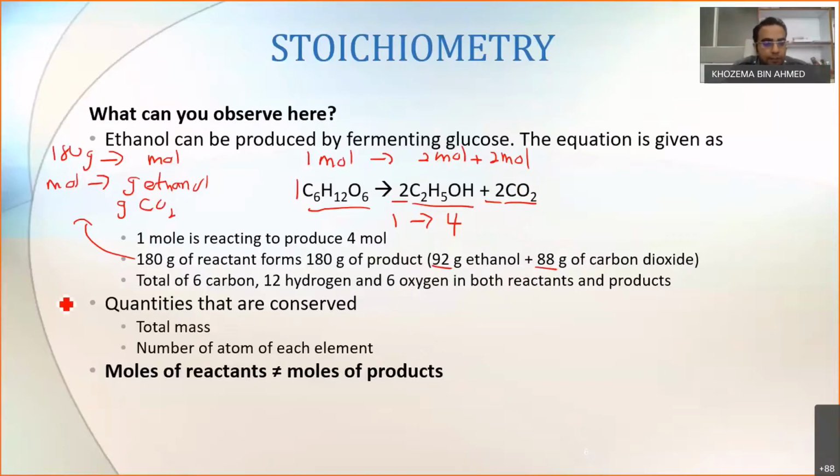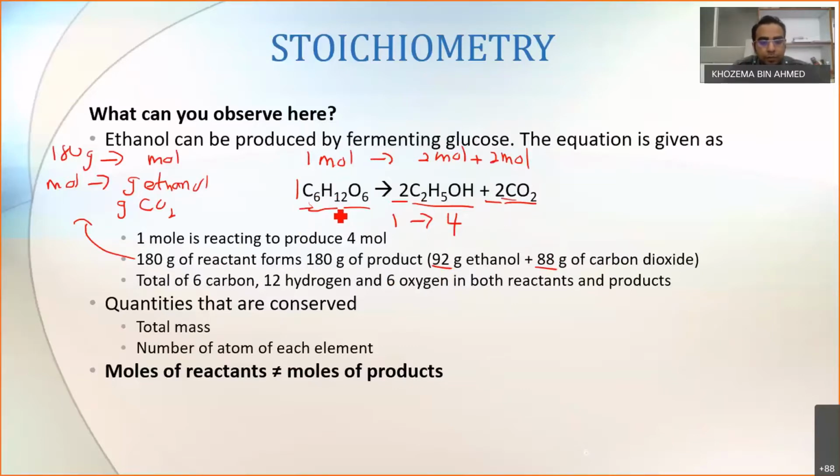The third thing is that you can see here the total number of 6 carbon, 12 hydrogen and 6 oxygen are the same on both sides, right? Because we said that we can only do material balance on a balanced chemical equation. So you see here we have 6 carbon on the left, and on the right I have 2 times 2, 4, and 4 plus 2 is 6, so it's 6 carbon.